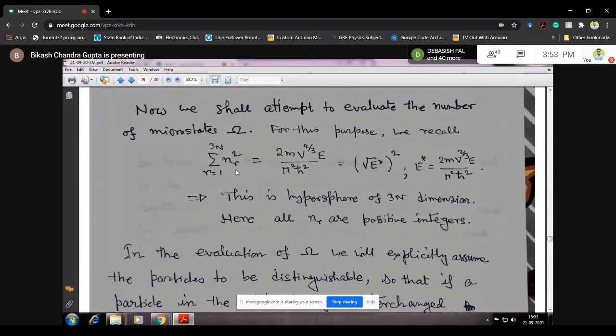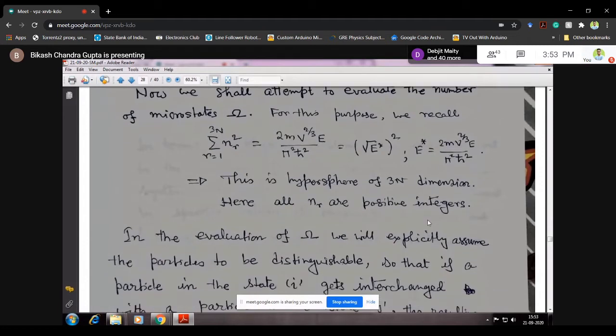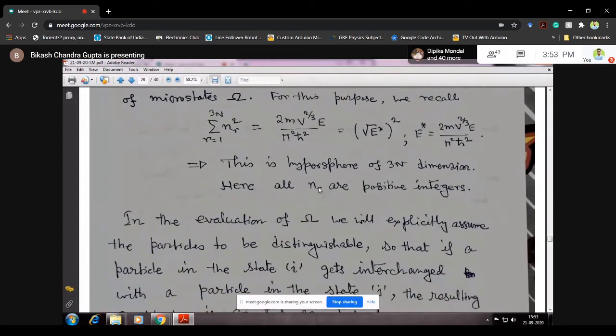Now this sphere has 3n degrees of freedom, and hence 3n dimensions. Here all n are positive.